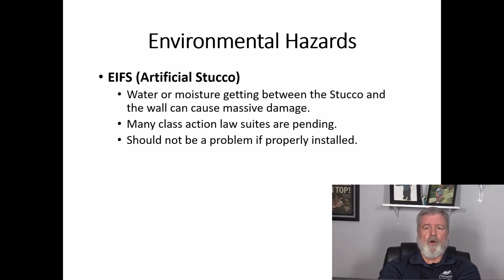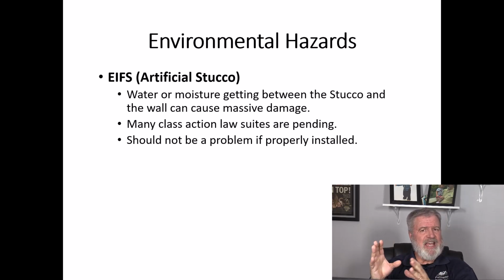EIFS, or what we refer to as artificial stucco. Again, I assume you probably know what stucco is. But artificial stucco is not the same necessarily as stucco. It looks like stucco, but it's more of a synthetic material.